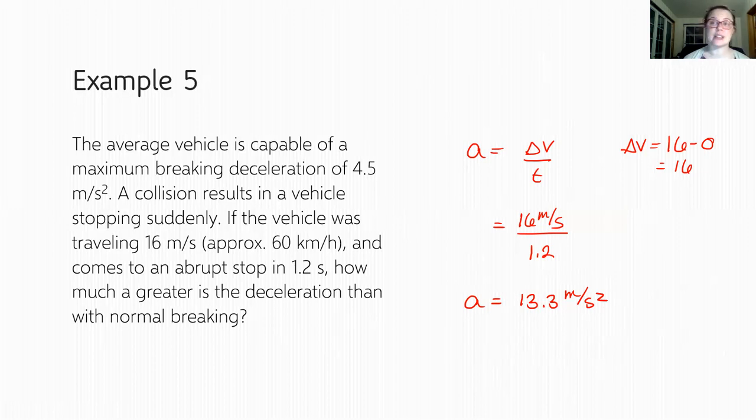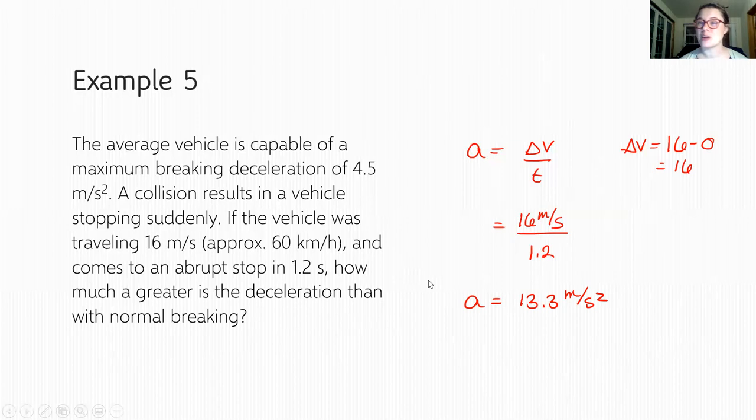So with normal braking, I don't sustain any injuries because the deceleration is small enough. I may feel tension from a seatbelt, but when you have a sudden stop, that almost instantaneous stop during a collision, that large acceleration is going to result, we'll find in our next lesson, in a large force on my body, and that large force on my body is going to result in injury.